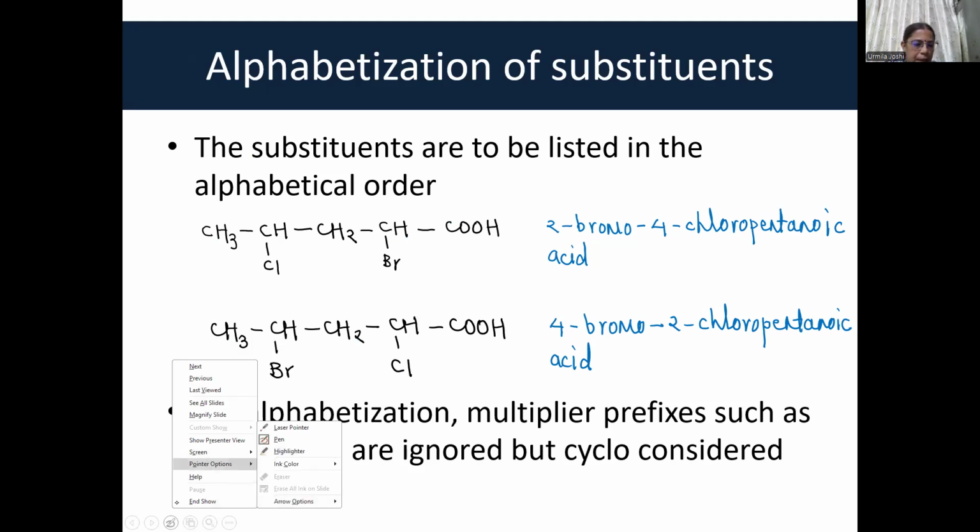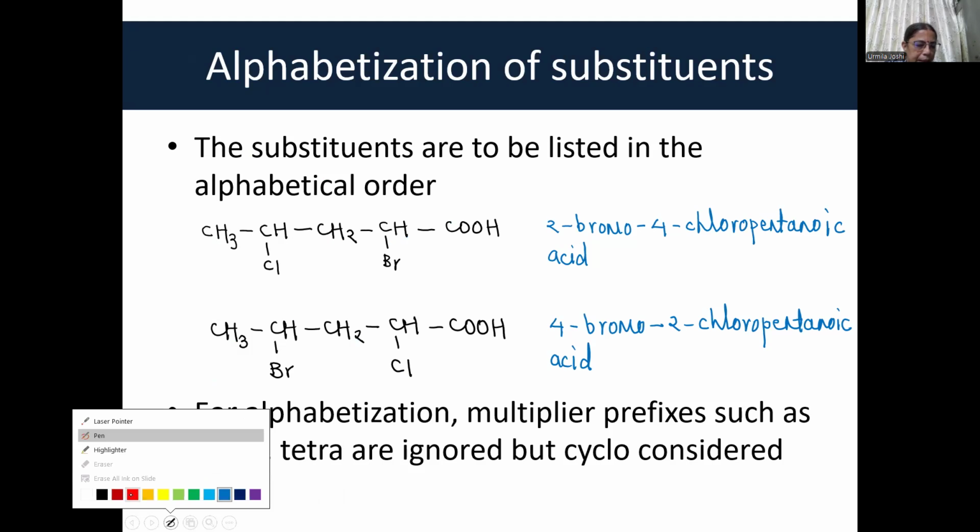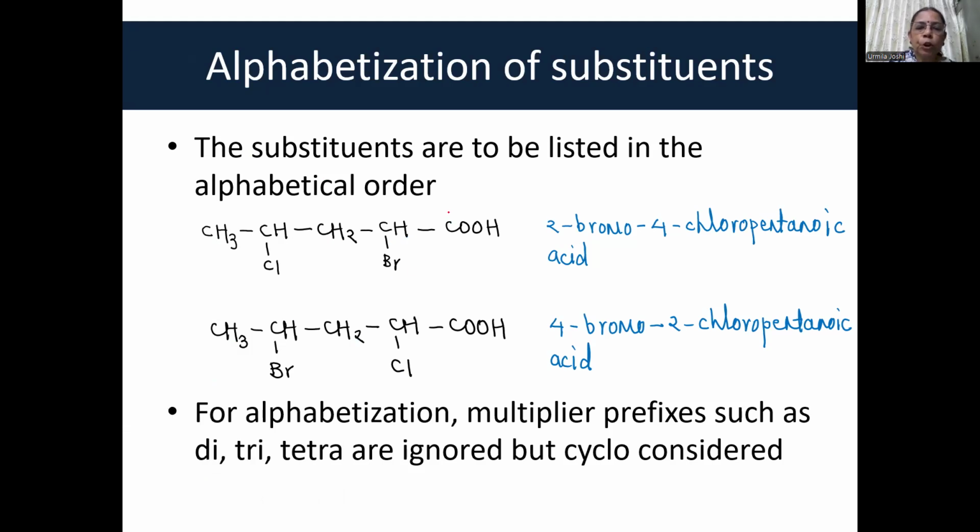Okay, this carboxylic acid, the numbering should start from here. So it is 1, 2, 3, 4, and 5. Okay, so it is 2-bromo-4-chloropentanoic acid.